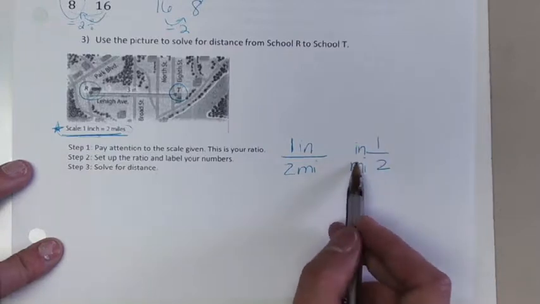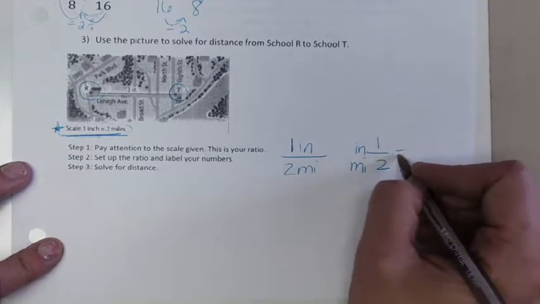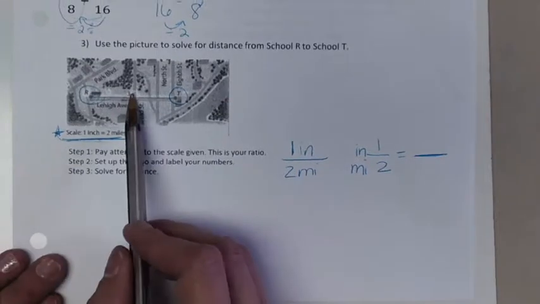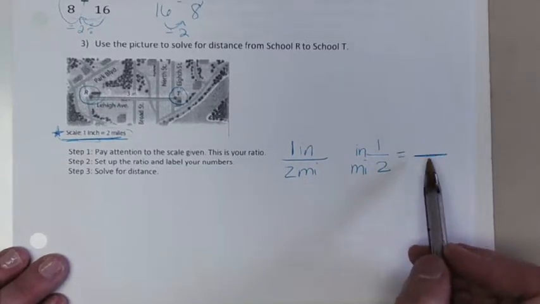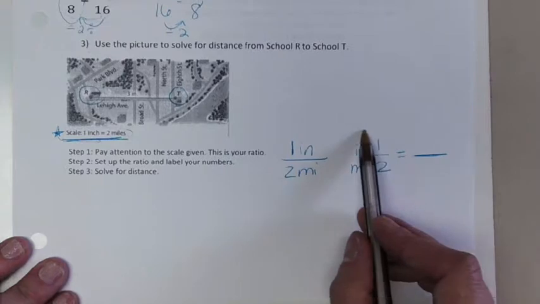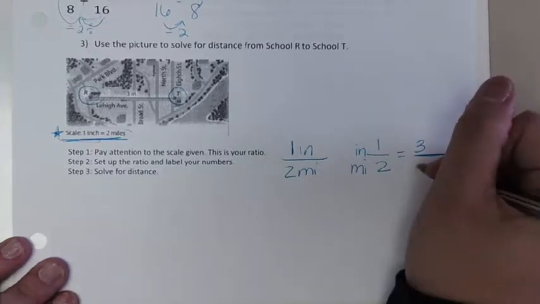This is inches, this is miles, and then we're going to solve for the distance. And over here you are creating an equivalent ratio, which is a proportion. But we've been given one more piece of information that needs to be placed in here, and that is the distance from R to T on the map. It's 3 inches, so you have to say, am I going to put it on the top line or the bottom? Well, it's going to go on the top because the top is the line describing inches. So this is now x.